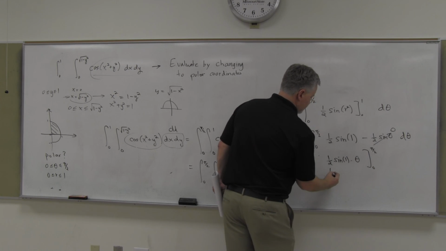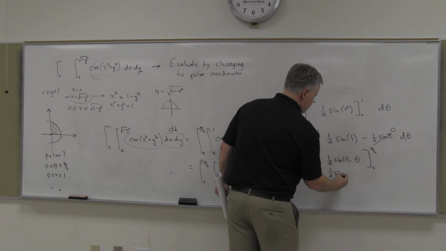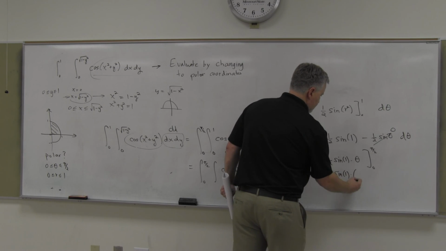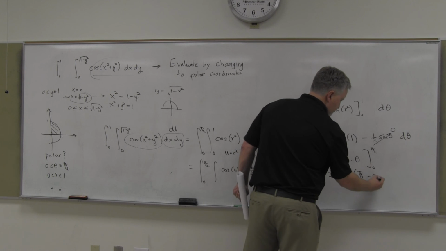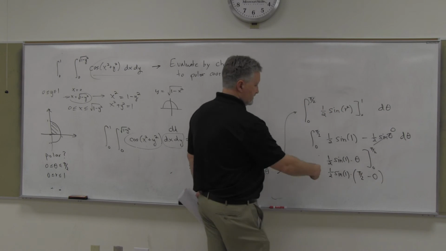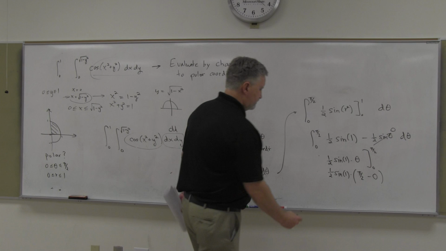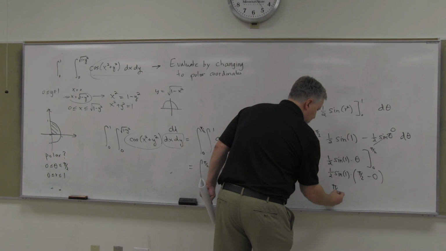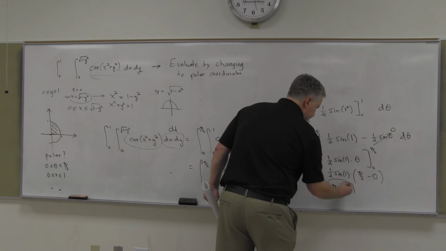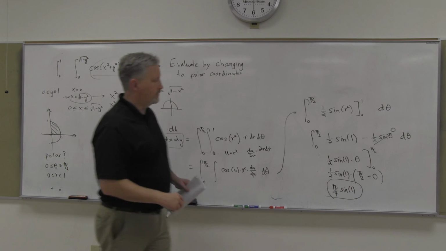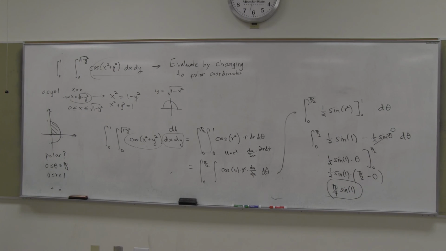So plug in the pi over 2: 1/2 sine of 1 times pi over 2, and then minus 0. Well, that's good. So we just have pi over 4 times sine of 1. Like I said, sine of 1 is not a nice number, so pi over 4 sine of 1. Good with that?